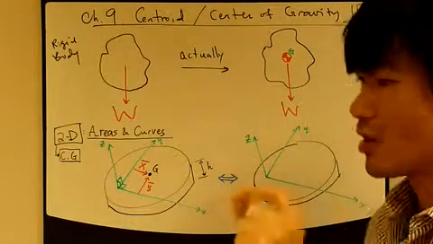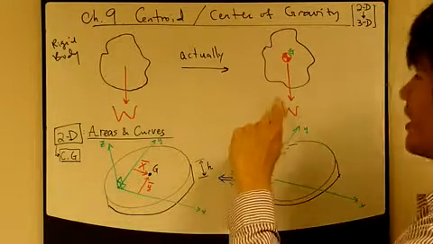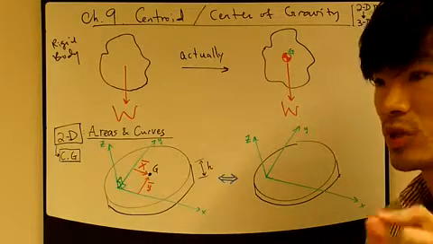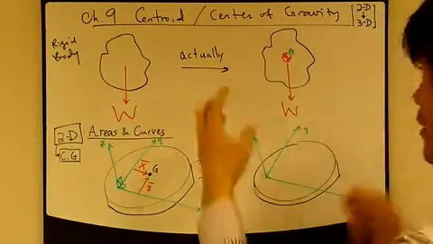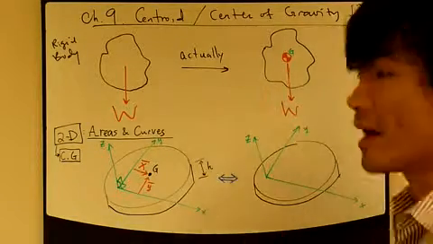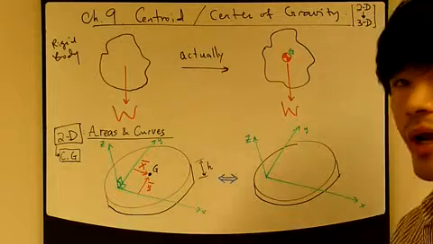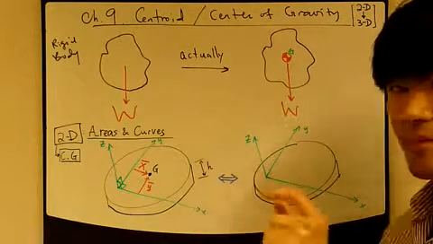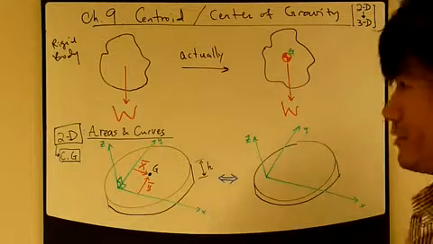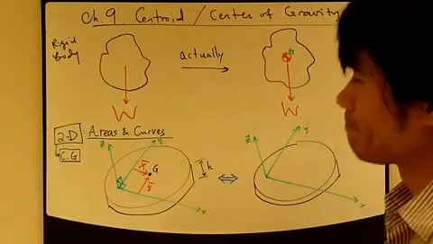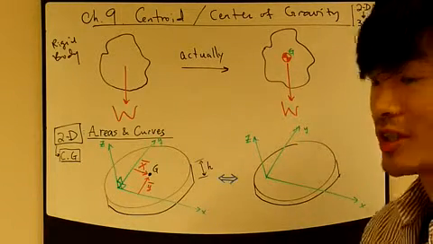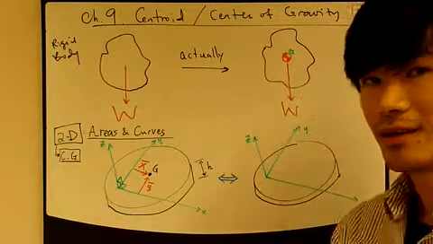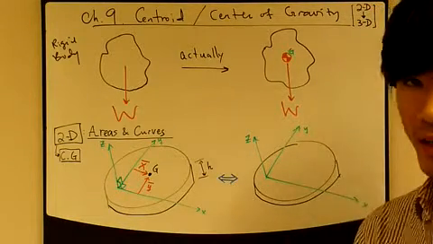And you have to know the location of this weight vector precisely, because when you take moment of all the forces acting on the rigid body about a certain point, this location becomes critical. So let's learn how to determine the location G of any rigid body.